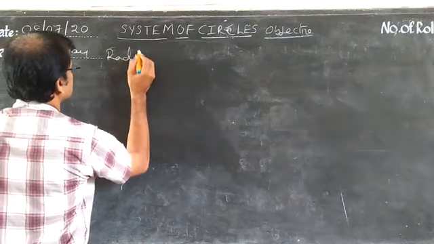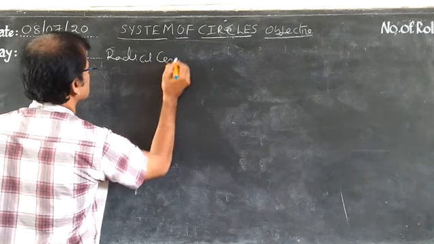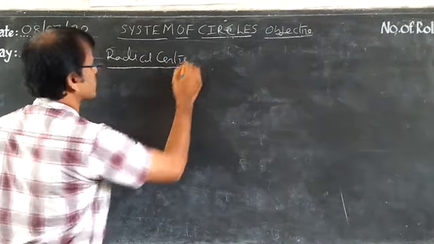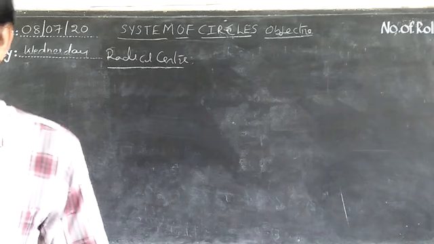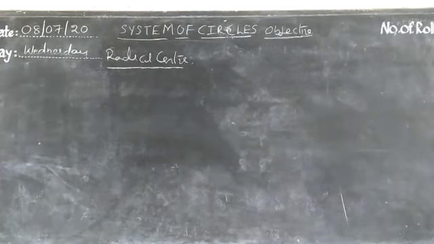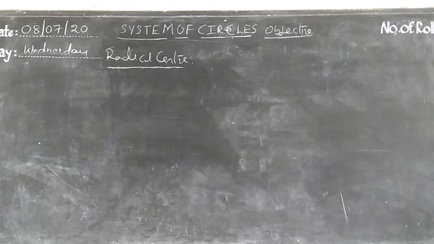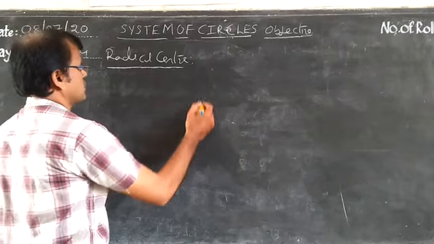Radical center. We know that the radical center is the point of concurrence of radical axes of three or more circles.